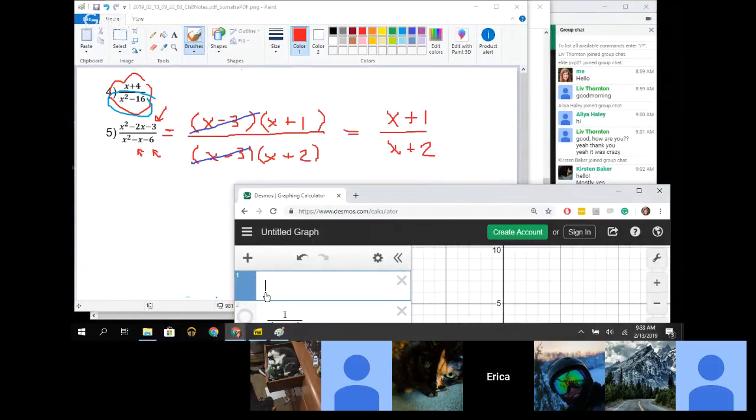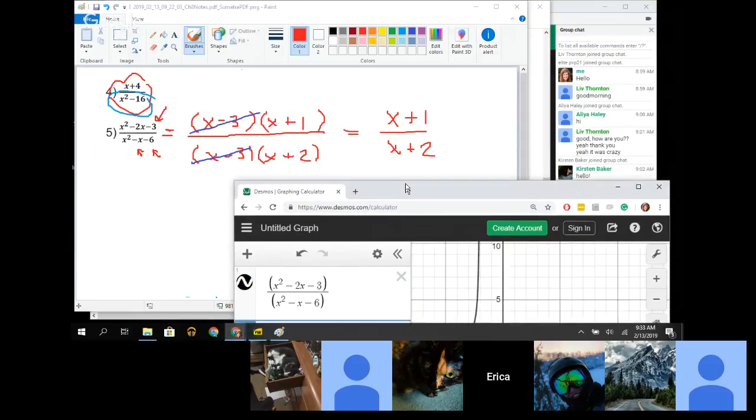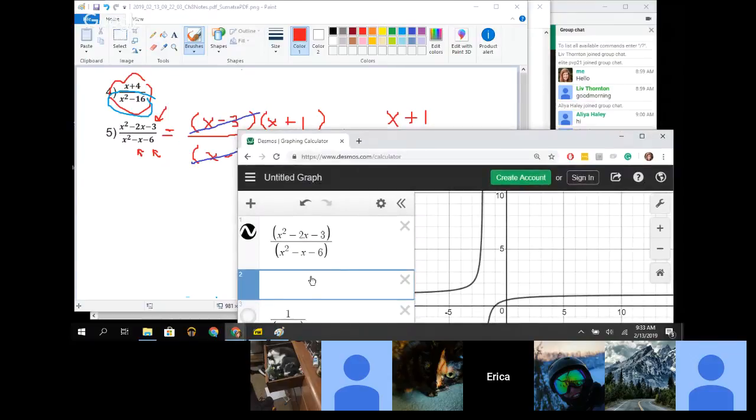Check and see if it's right. x squared minus 2x minus 3 divided by x squared minus x minus 6. Okay, that's my original. And my new equation is x plus 1 over x plus 2.